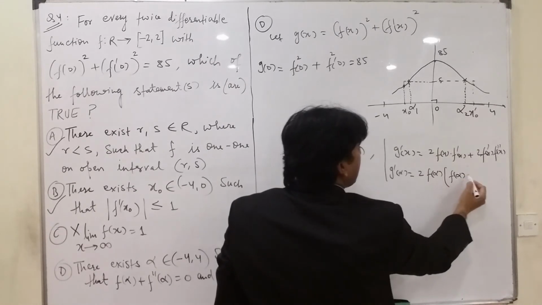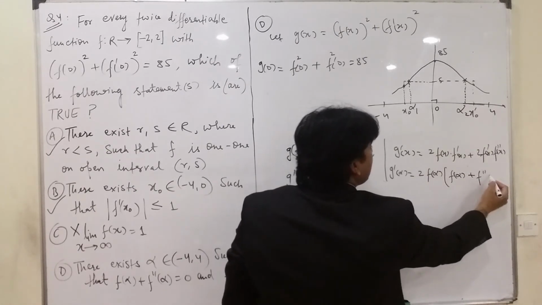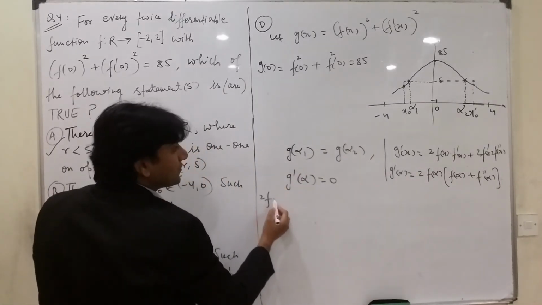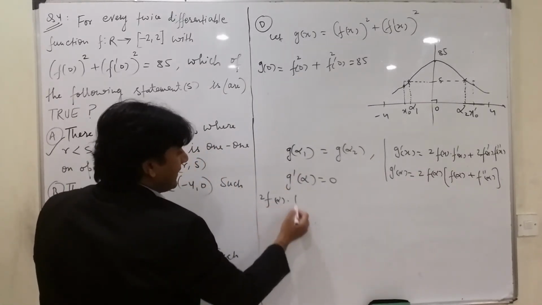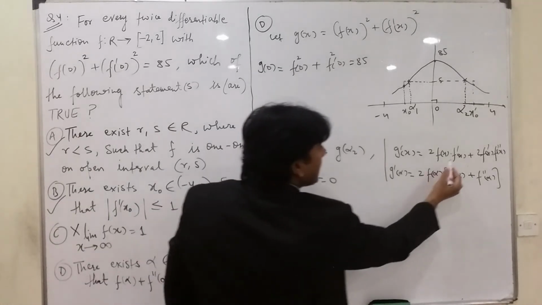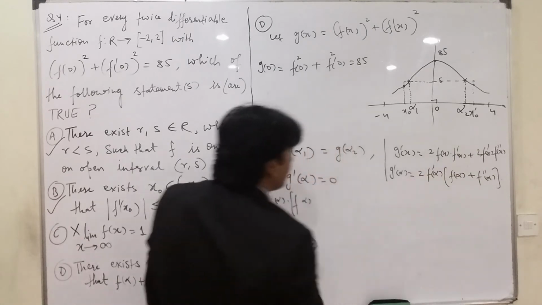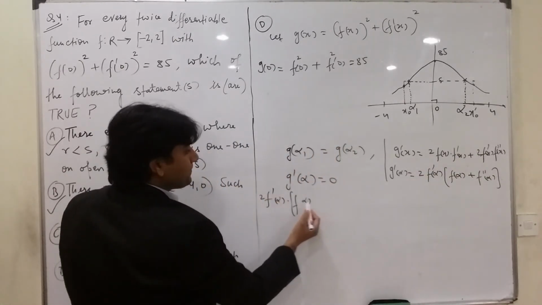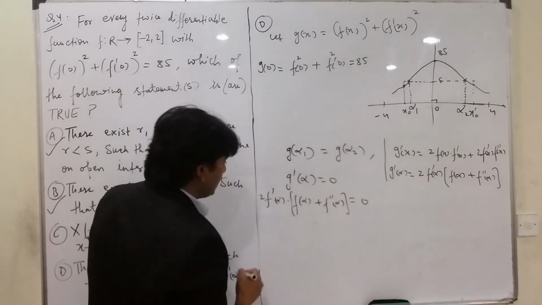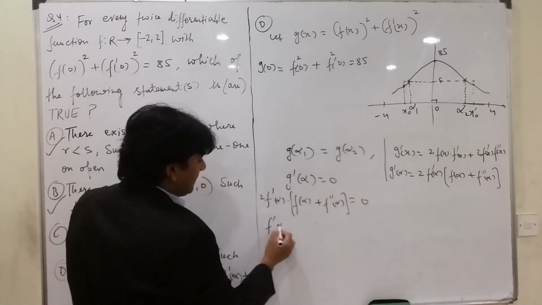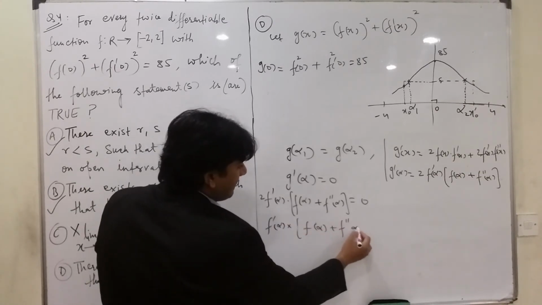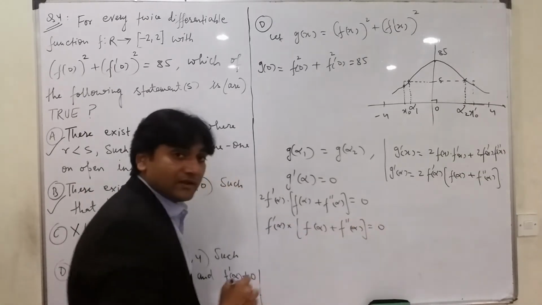So I got 2f'(alpha) times (f(alpha) plus f''(alpha)) equal to 0.